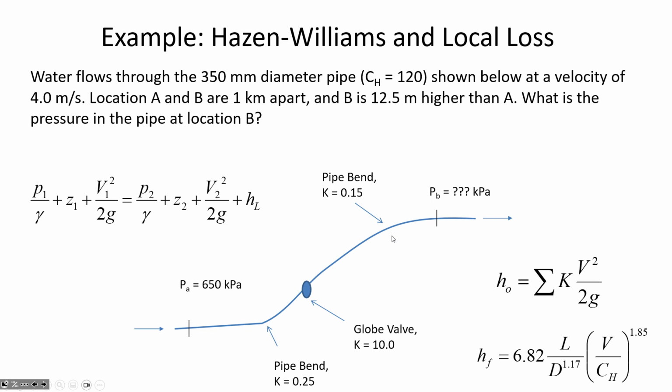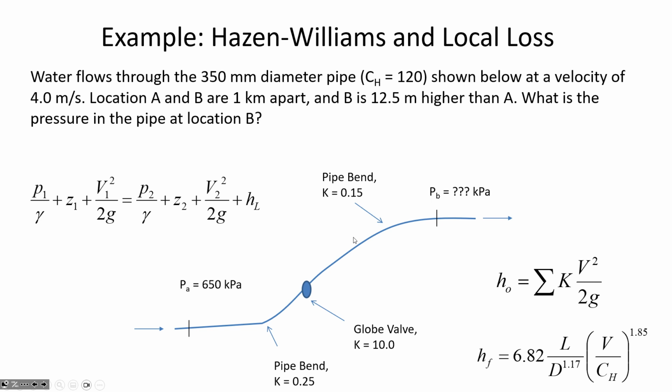And another thing that it would do was you'd have to calculate the head loss due to pipe friction in two different pieces. Like if you had small diameter, large diameter, remember diameter is one of the terms in the Hazen-Williams equation. So you'd have the head loss through the first pipe, and then the head loss through the second pipe would be a separate calculation.